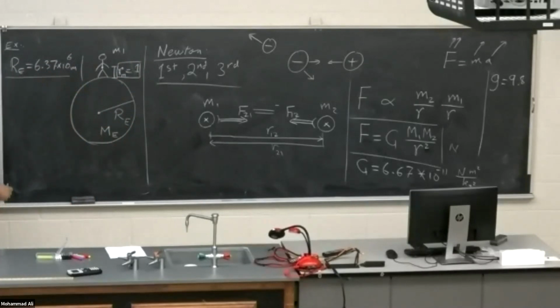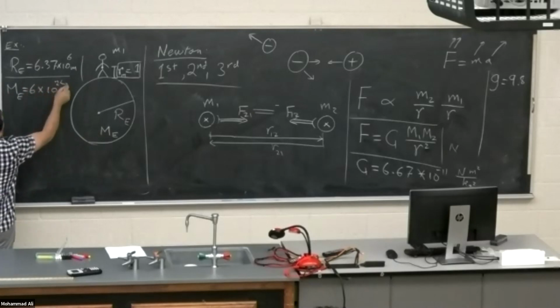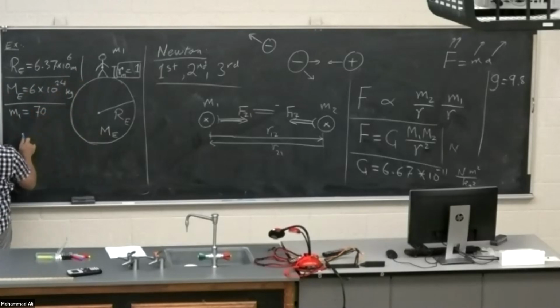And the mass of Earth is very big, which is 6 multiplied by 10 to the 24 kilograms. And my mass, for example, is 70 kilograms.